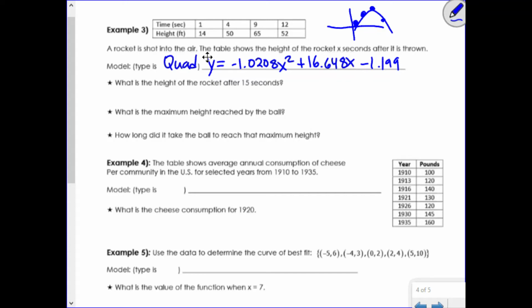This one says, what is the height of the rocket after 15 seconds? What would I do? Well, x equals 15, so I would plug it in. Using your calculator or Desmos, you're going to plug 15 into each of those positions where the x would be. Be especially careful that you have all the signs correct, the decimals are in the right spot, and include the square for the first 15.